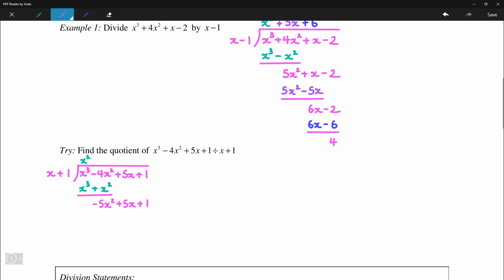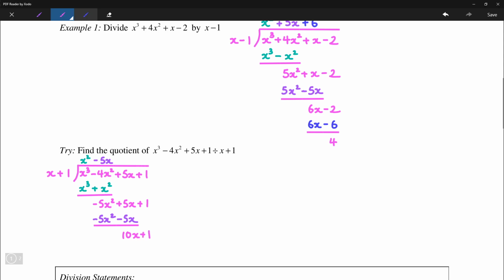Then the next term would be negative 5x to give us negative 5x squared here. And this will be minus 5x. And once again, we take the difference. And that will actually give us 10x plus 1.